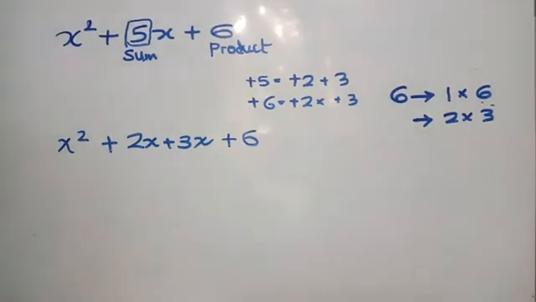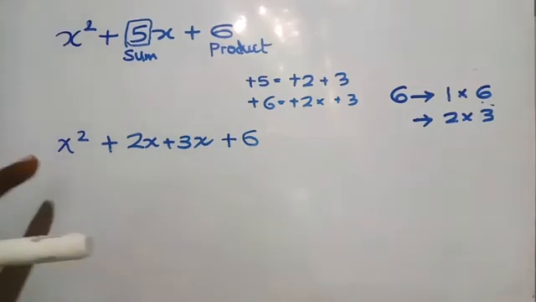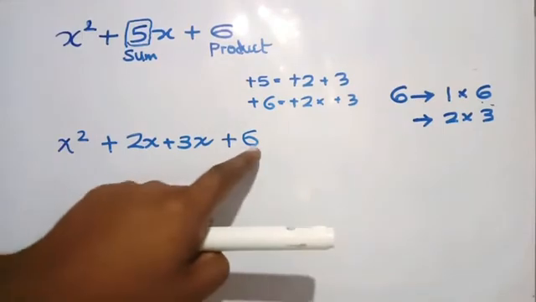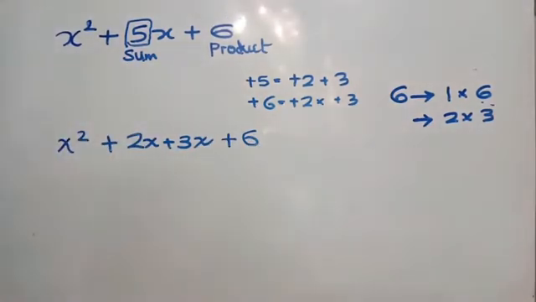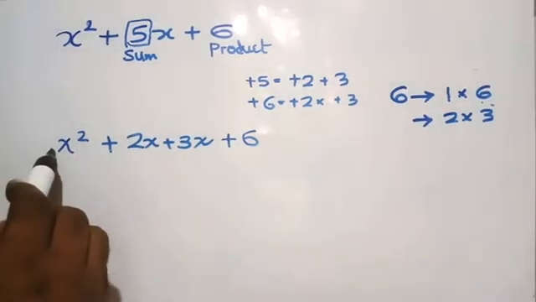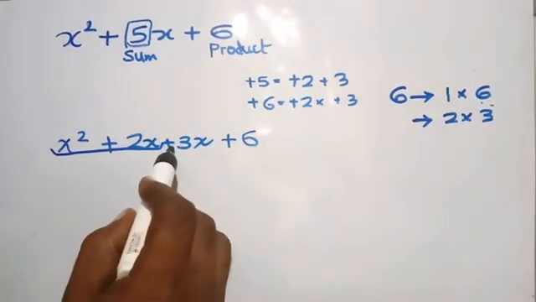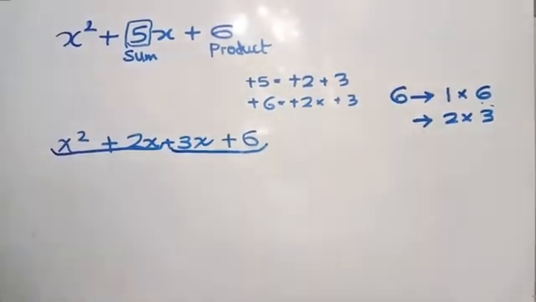Okay, now we are going to take the common term. For that, let us group this. Now we can find 4 terms here: 1, 2, 3, 4. Let's make the first two terms a group and the next two terms another group.